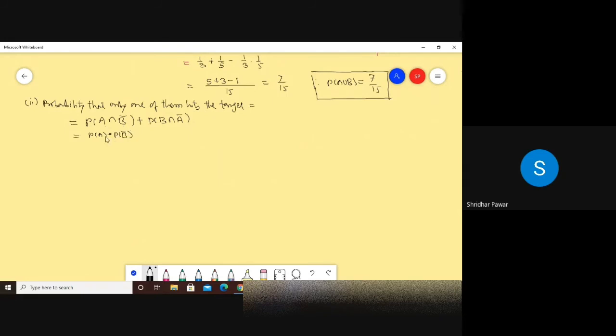Now see, A च्या हिट करण्याचा B ने नाही हिट केलं याच्याशी काही संबंध नाही. ओके, plus P of B into P of A bar.